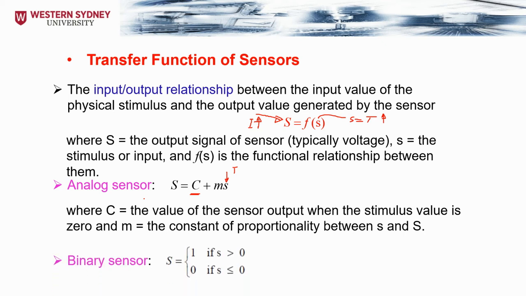Now for the binary sensors, the thing is going to be quite different. The reading is going to be equal to 1 if there's anything to be sensed, and it's going to be 0 if there's an absence or negative value for the stimulus.